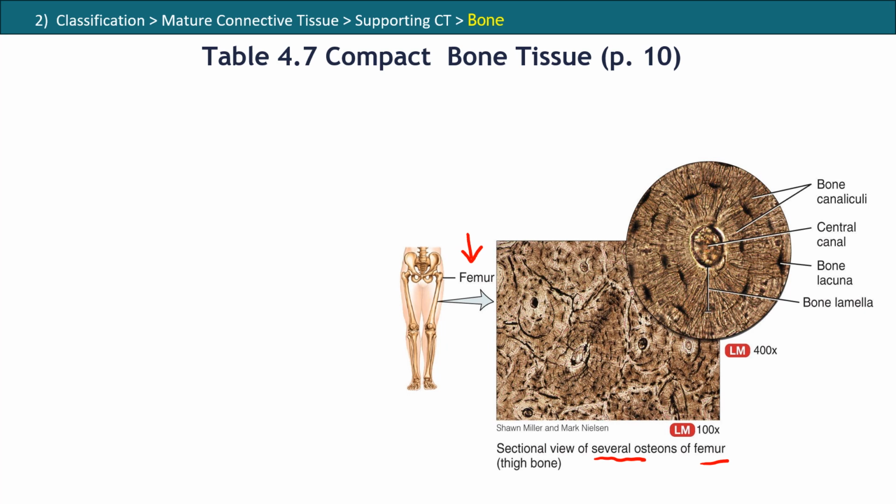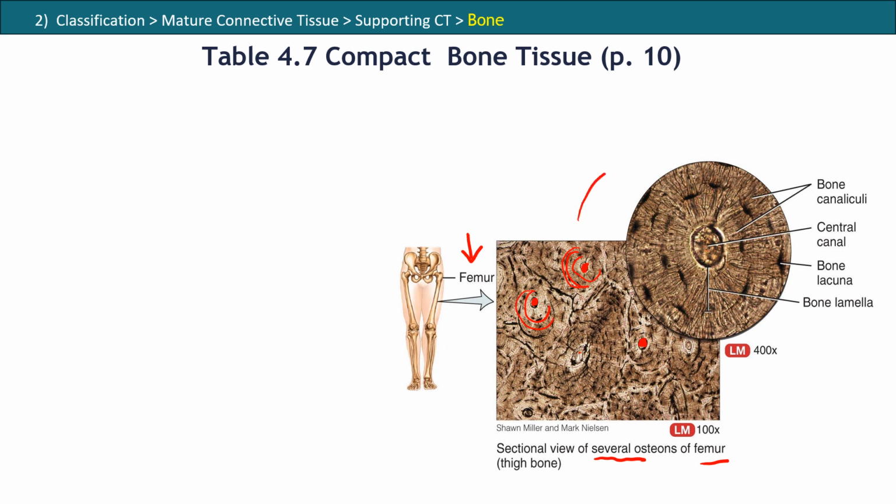And here you can see there are many central canals. Here there is another one. Okay, here's another one. Here there is another one. Yeah, and you find concentric layers. We just talked in the previous slide about that.